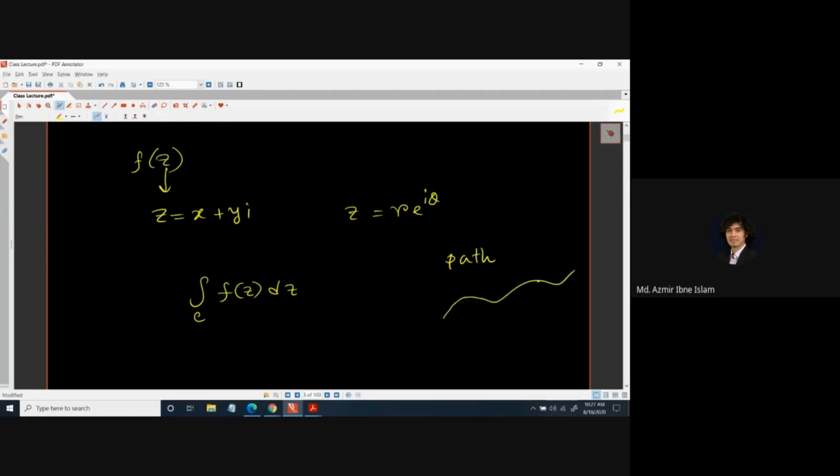This path may be a curve, it may be a straight line, it may be a circle, anything. That means it may be linear, it may be non-linear. Under this path, what will be the integral? Let's say this is integral I. We need to evaluate this integral. The formulas are totally going with real valued functions, but we need to understand how we can evaluate this one. So here z is the complex variable.